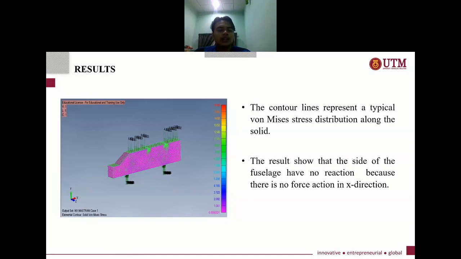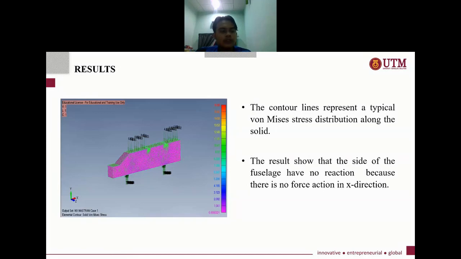So in this result, the maximum value of stress that can occur in this component is 16.66 Pascal, which is the highest value of stress that this fuselage needs to withstand.